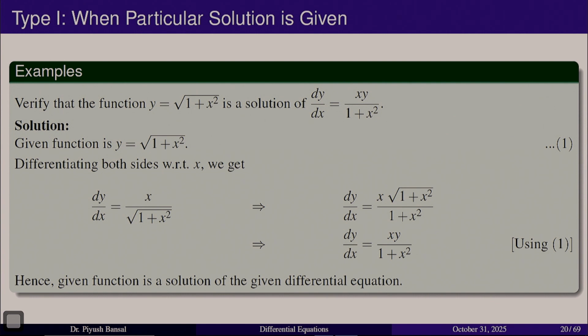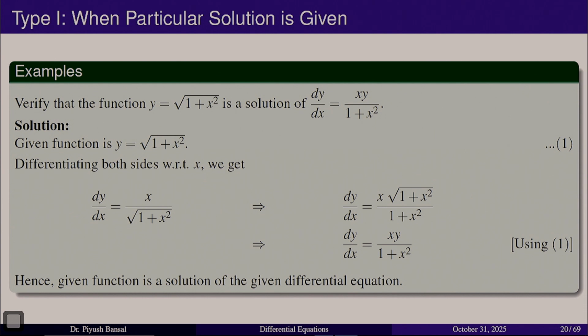Since we have to obtain a differential equation of that form, we multiply numerator and denominator both by root of 1 plus x square, and then we replace root of 1 plus x square with y to obtain the final differential equation. So, we can see that this solution satisfies the differential equation dy by dx equal xy over 1 plus x square.